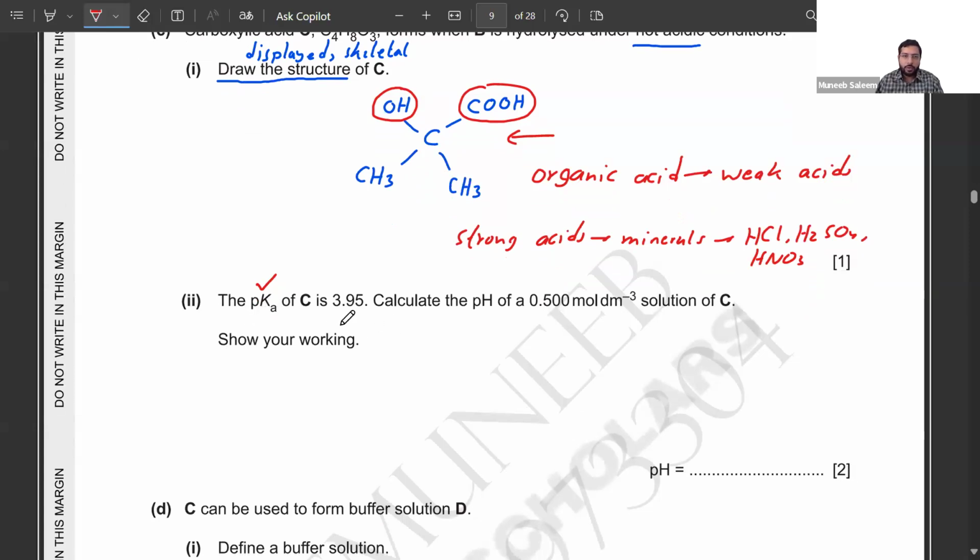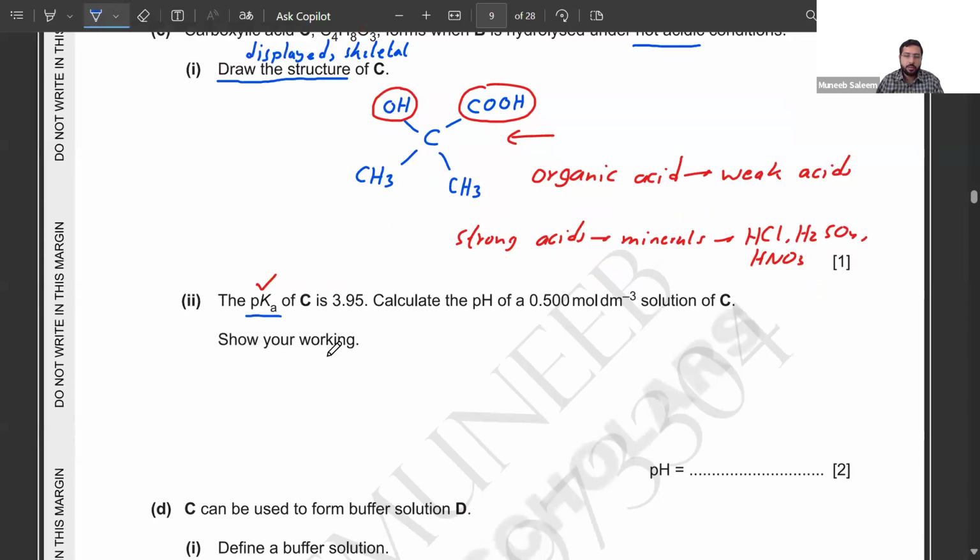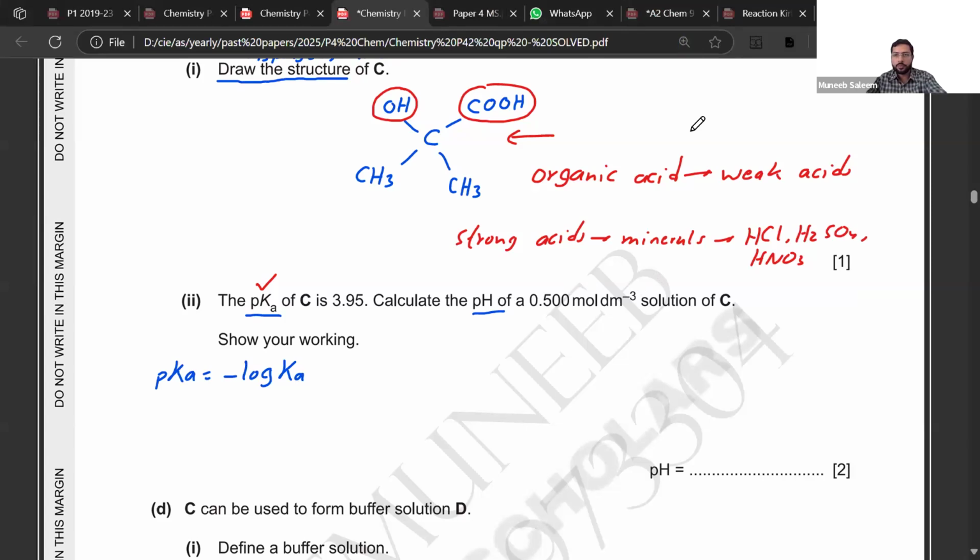Before that, you have different formulas which you are going to use here. You have the formula of pKa, which is pKa is equal to minus log of Ka. And then another formula which is associated with the pH of the weak acid. For that purpose, I'm going to show you my notes.